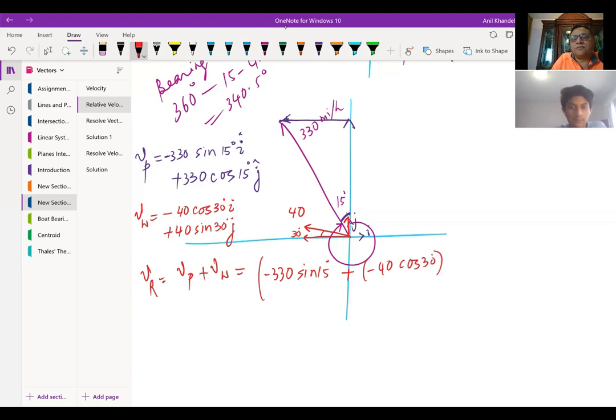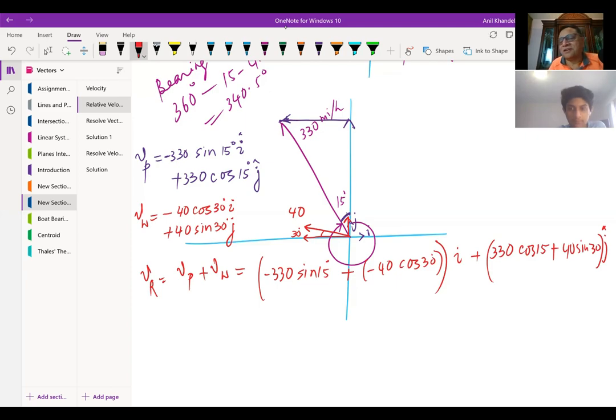So that is the i component. And the j component is 330 cos 15 plus 40 sine 30.